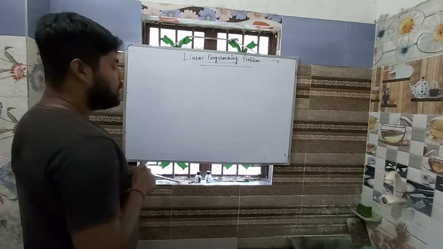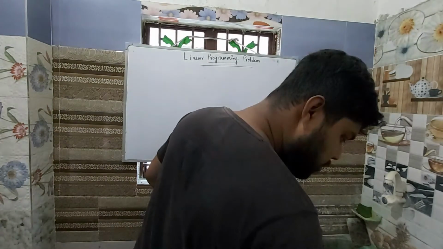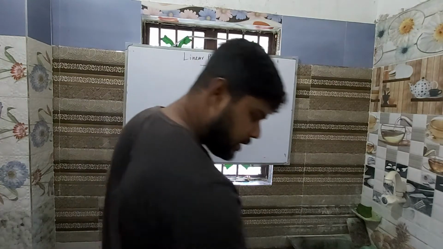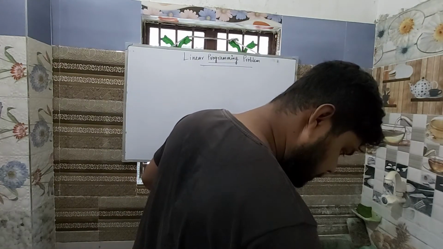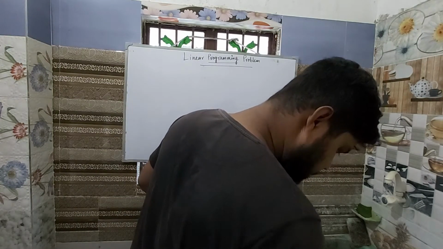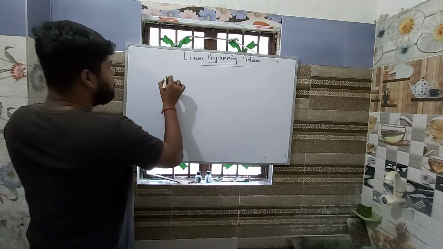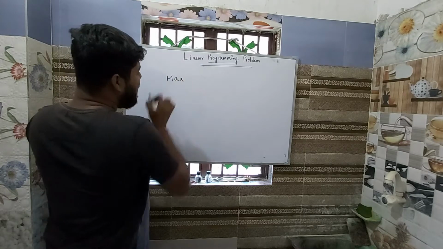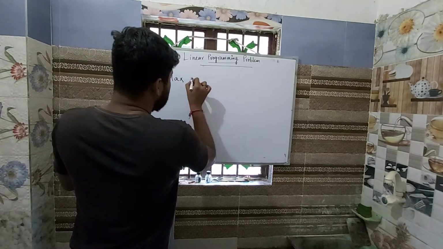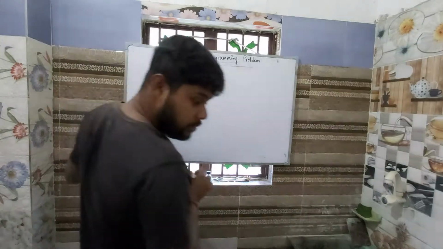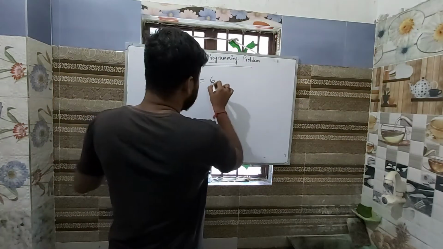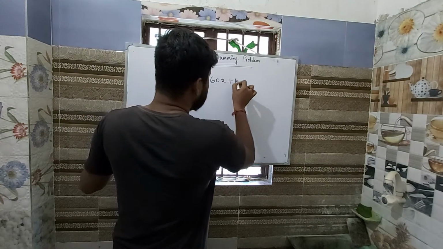Okay, so let us take this small problem. Max z equals to 60x plus 15y.